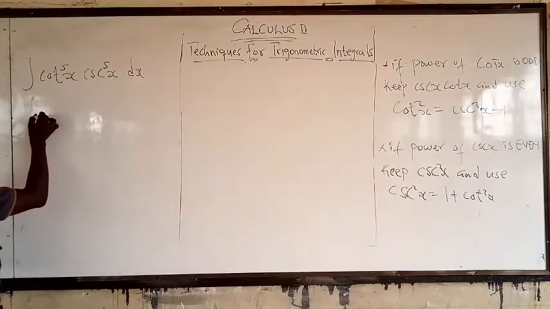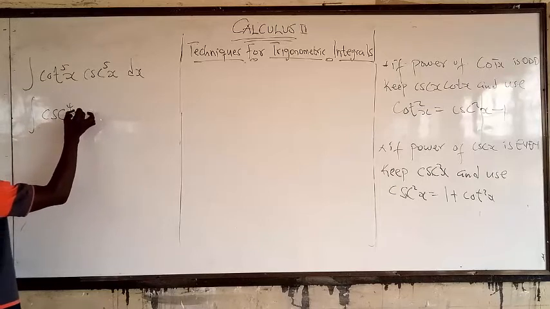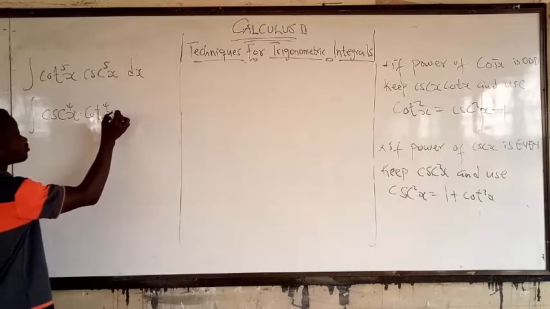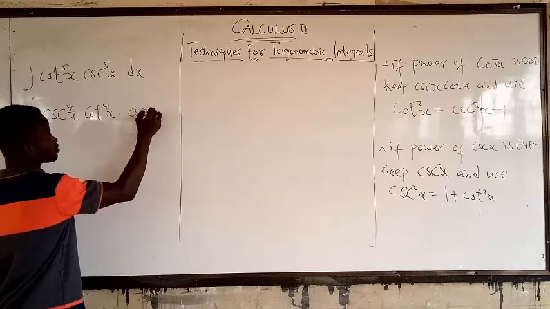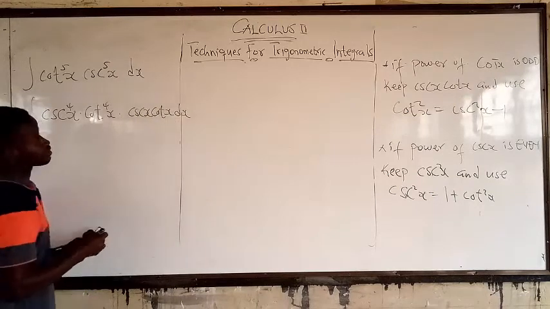So here you get cosec to the power 4 x cot to the power 4 x, then you get cosec x cot x dx.